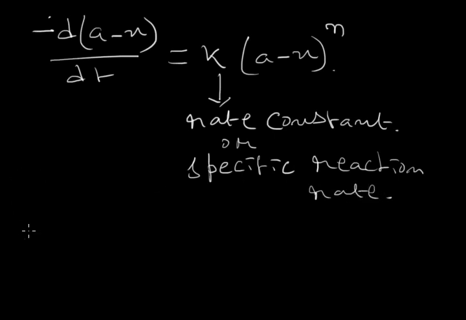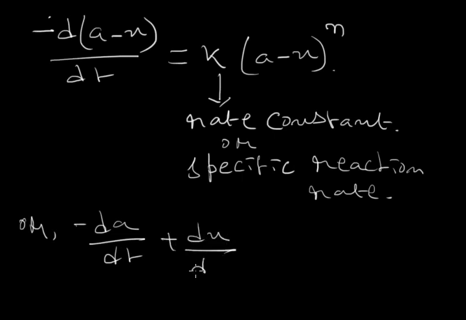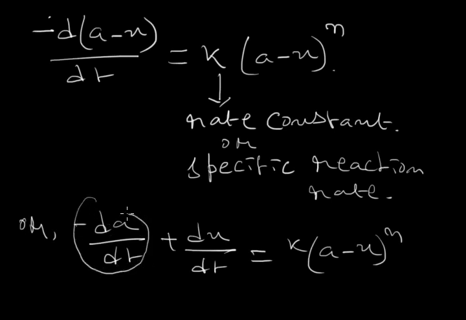Now, from this we can write minus da dt plus dx by dt equal to some constant K into (a minus x) whole to the power n. Now a is constant, so this da dt term is 0.